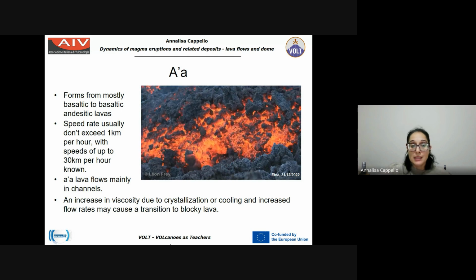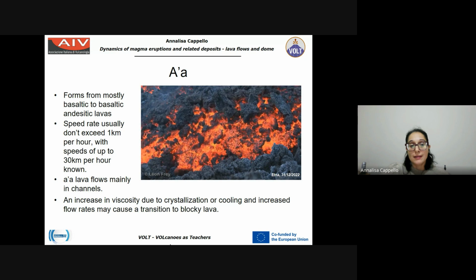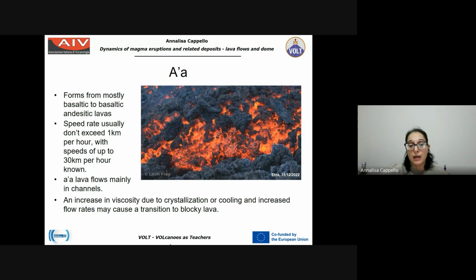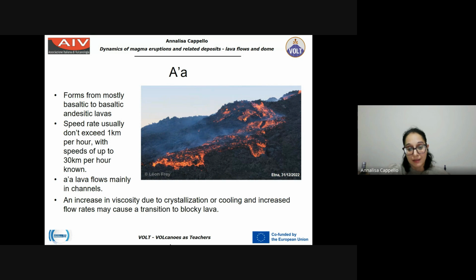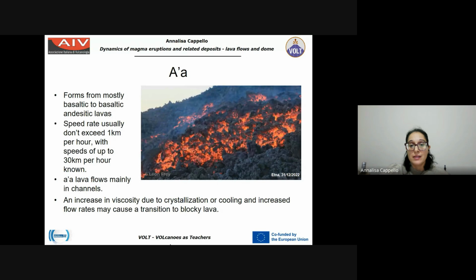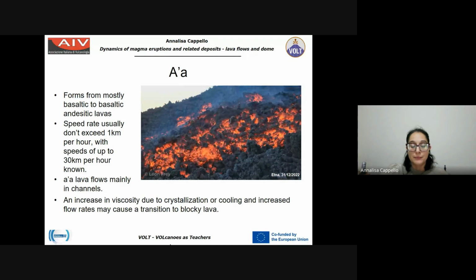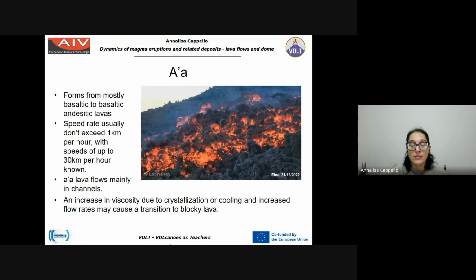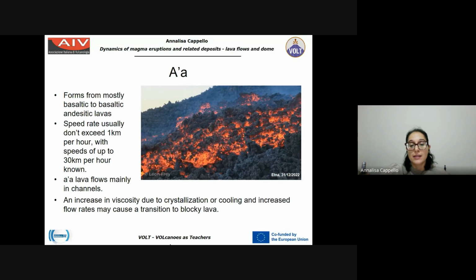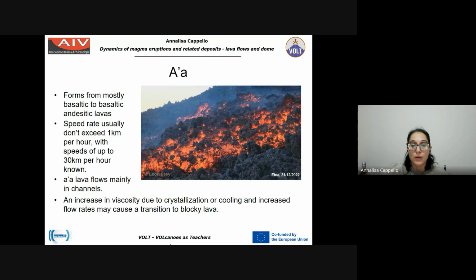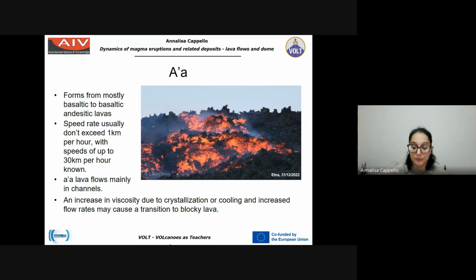For example, the speed usually doesn't exceed 1 kilometer per hour, compared with 30 kilometers per hour, the known velocity of pahoehoe lava. Another characteristic of this lava is that it mainly flows in channels. An increase in viscosity due to crystallization or cooling can cause a transition from aa lava to blocky lava.